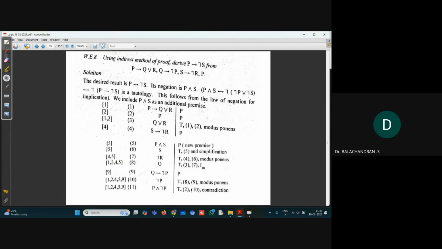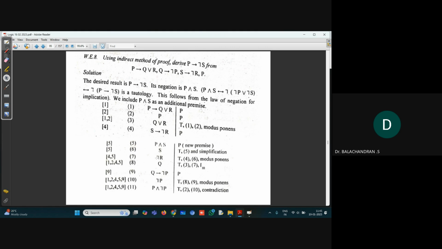And then P and S, you can write P, S. Okay, P. In the next step, you can write S, but I don't need P because already I have P. That's why they are writing only S. Now next, from 4 and 6, or 6 and 4: S, S → ¬R gives ¬R.